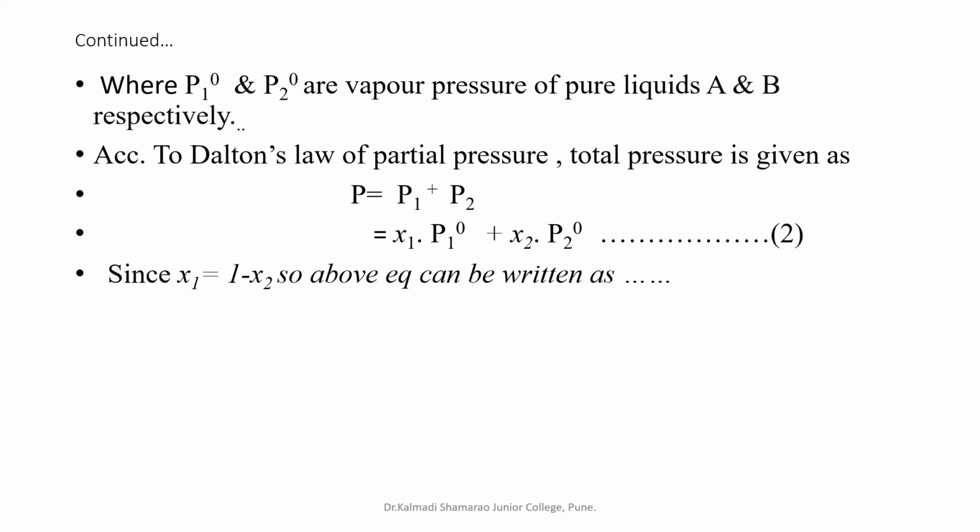Since X1, the mole fraction of the first component, is equal to 1 minus X2, the mole fraction of the second component, the above equation can be written as P equals P1 naught into 1 minus X2 plus X2 into P2 naught, which simplifies to P1 naught minus P1 naught into X2 plus X2 into P2 naught.